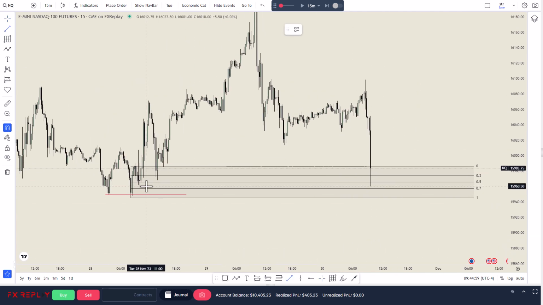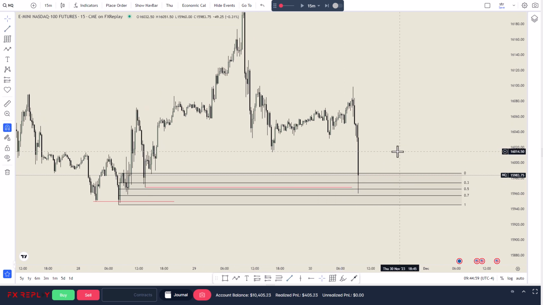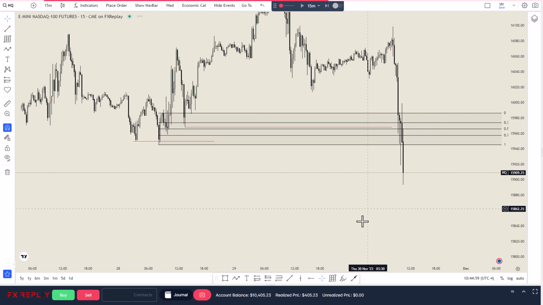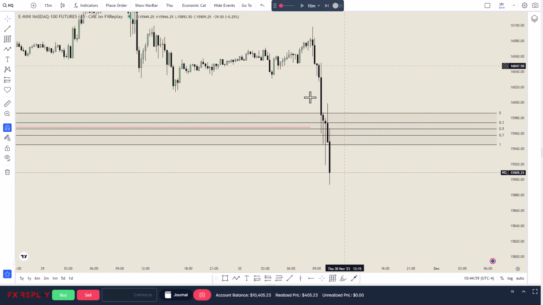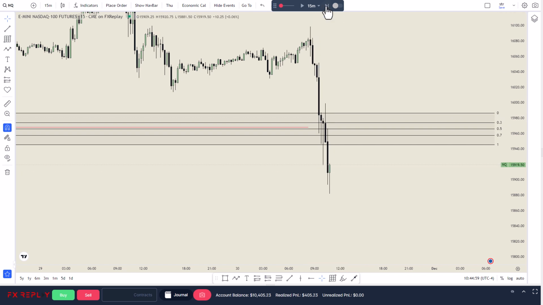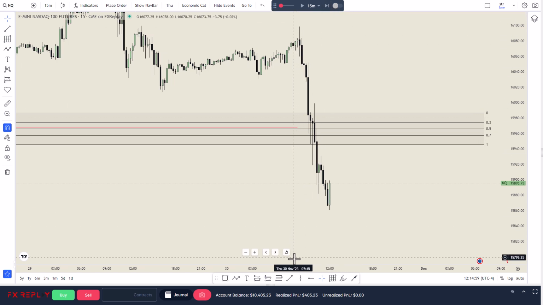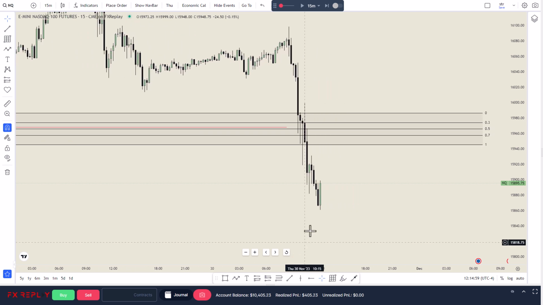You can see that we swept this into the 50%, right? We don't have a lot of structure to work with. So when price is heavily bearish or heavily bullish, you have two choices.